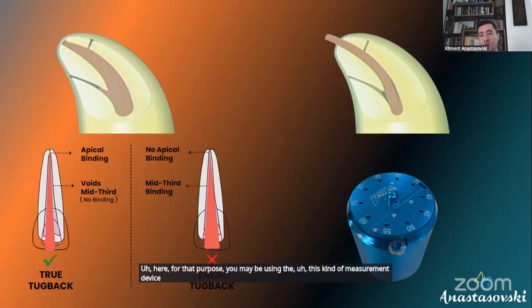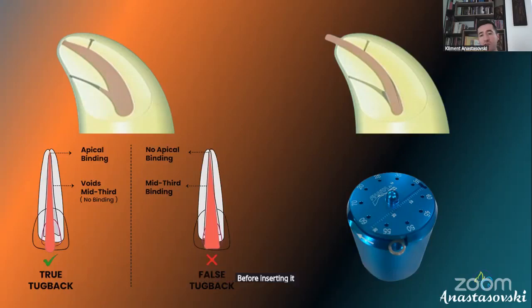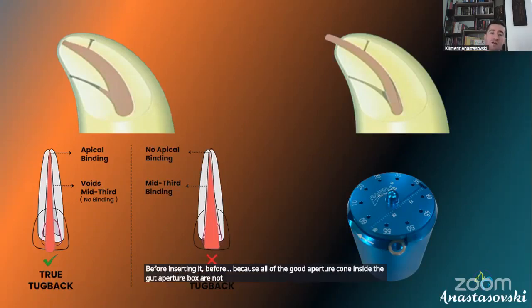device to adapt the most apical part of the gutta-percha cone before inserting it, because not all of the cones inside the box have exactly the same apical dimensions.